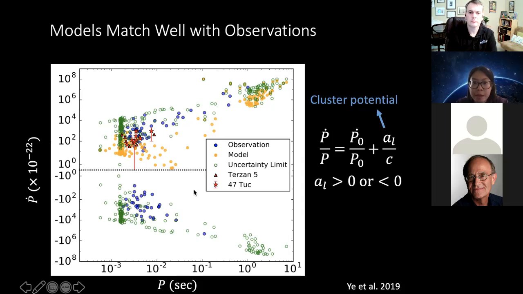And we can see that the observations overlap and are within the limits of the model pulsar spin-down rates. And this shows that the models match well with the observations. And this is the first time ever any cluster simulation is able to model realistic pulsar populations.